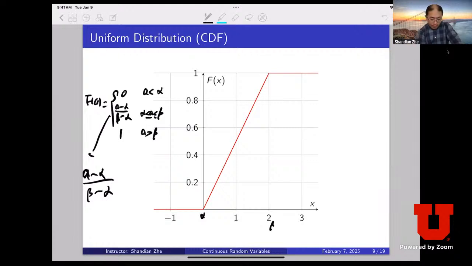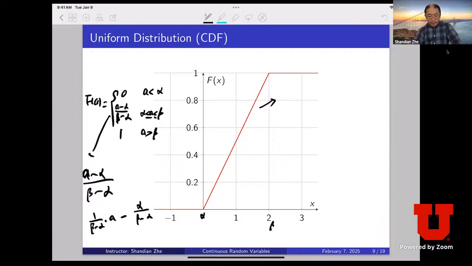According to a, it's just a linear function of a. It's 1 over beta minus alpha times a, subtracted by alpha over beta minus alpha. It's just a linear function with some slope and intercept. That's why you see a nice red line like this.